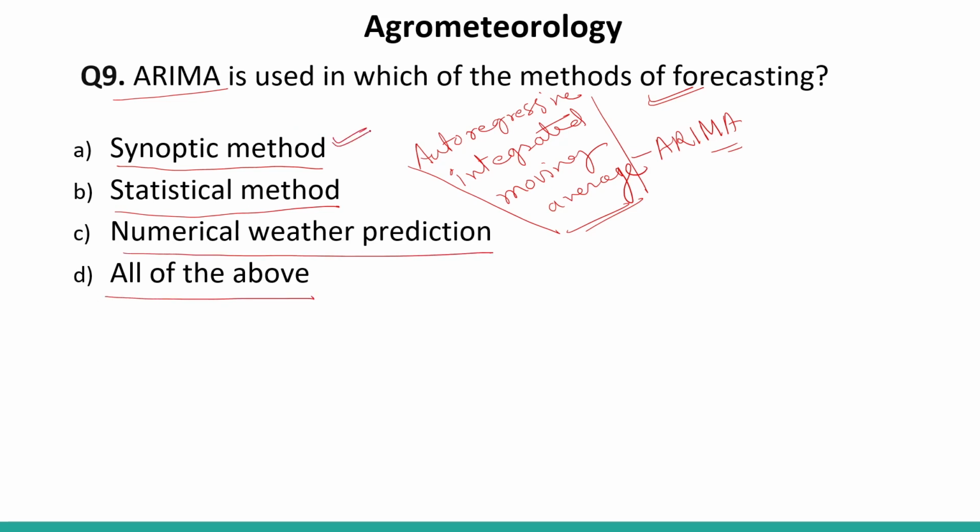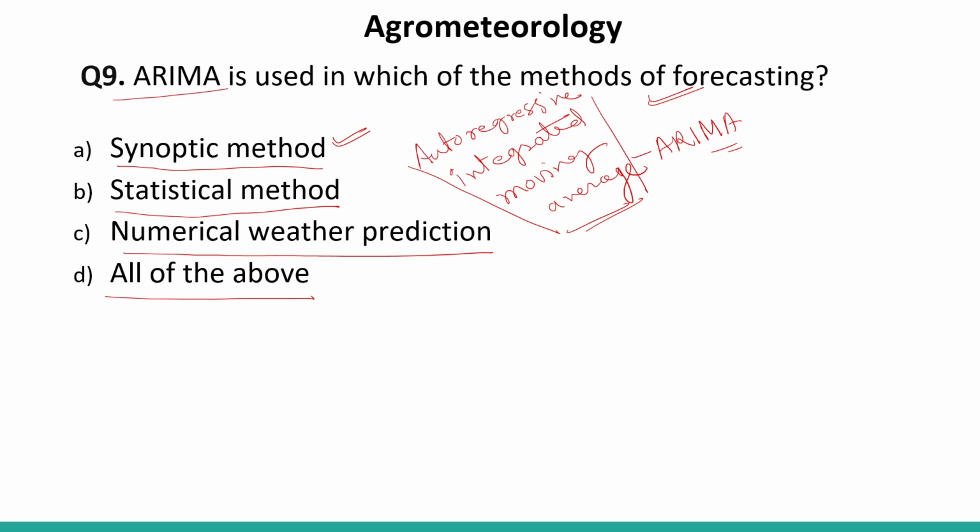The synoptic method uses different satellite data, that is the remote sensing data, in which we record the earth terrain in the form of images, and a lot of maps can be made on that basis.